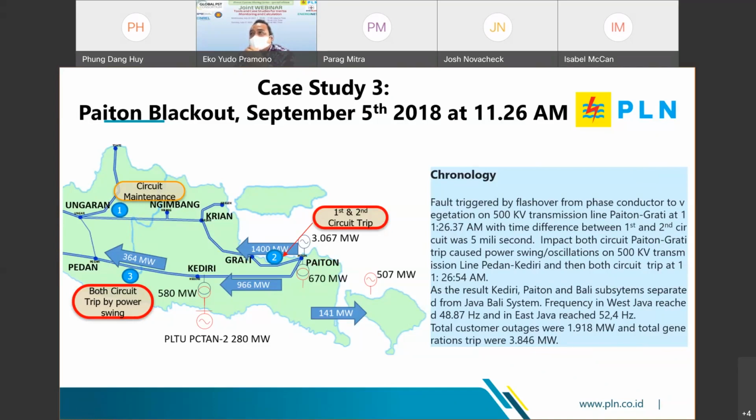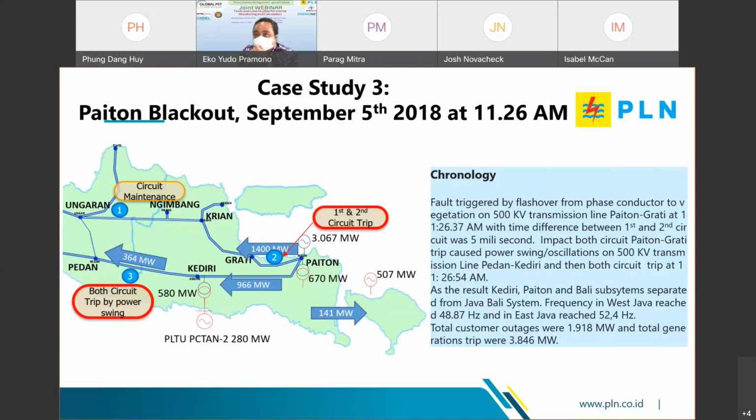In the west we have 3,600 megawatt in Suralaya, and also we have 3,500 megawatt complex generation in Paiton.